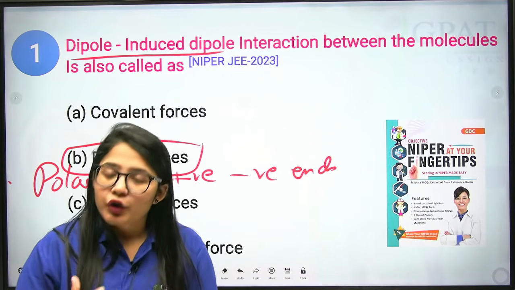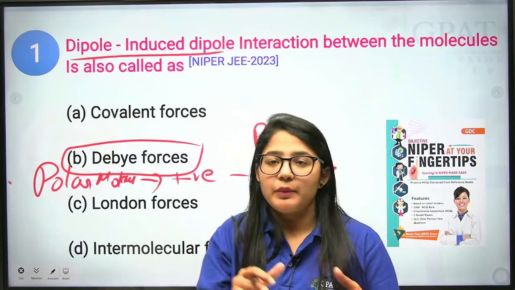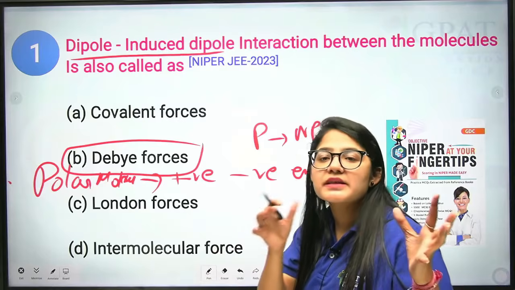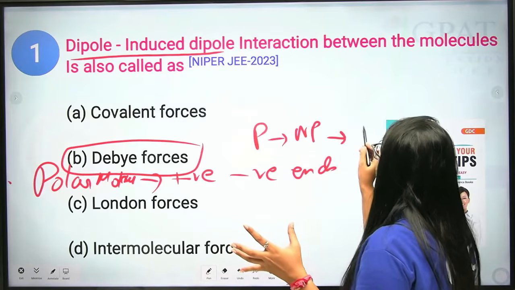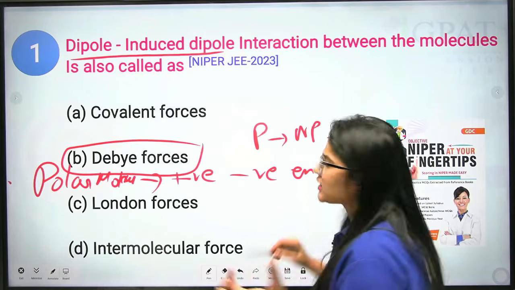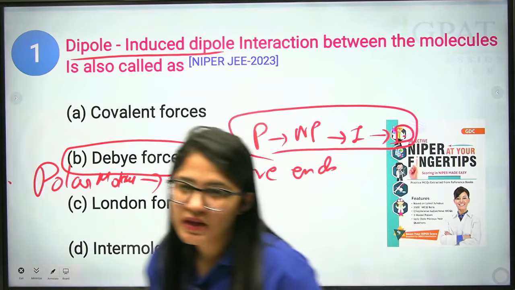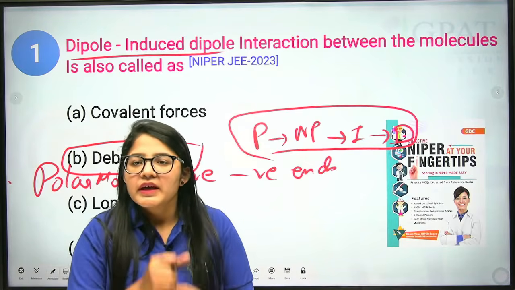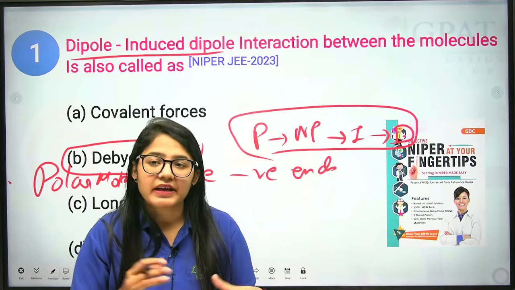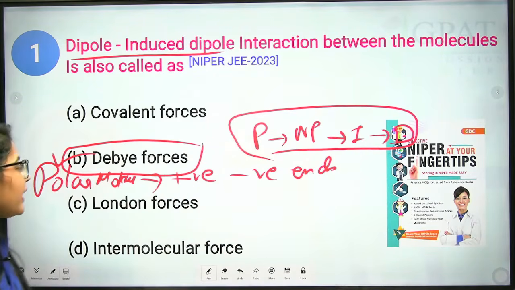In short, a permanent dipole attracts a non-polar molecule and creates an induced dipole, the induced dipole attraction, which was given by Debye, or is known as Debye's force. Clear? So the correct answer will be Debye forces.